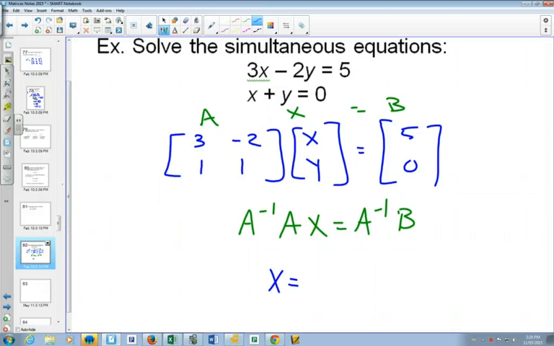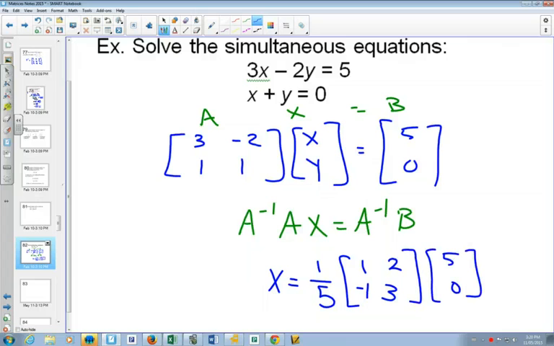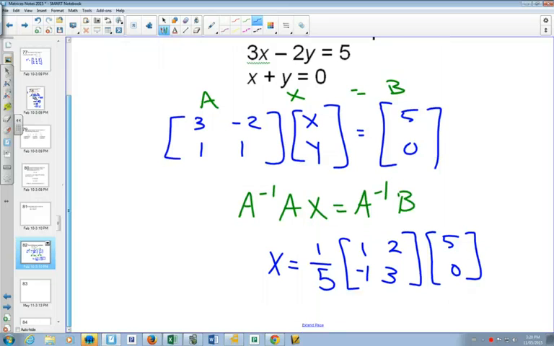A inverse, did you get that the determinant was 5? So we will have 1 over 5. Switch the diagonal, 1, 3, make the other ones negative, 2 and -1. Times [5; 0]. Multiply those matrices together.